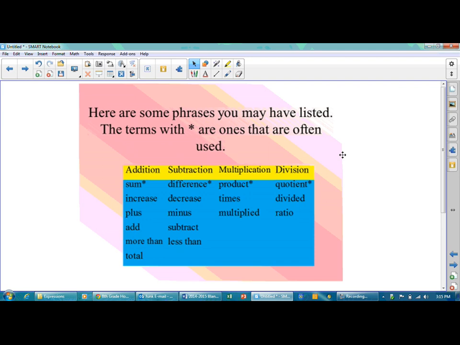You do want to be careful of less than. Okay, if it's 7 less than 9, that means 9 minus 7, not 7 minus 9. The word than means change the order.